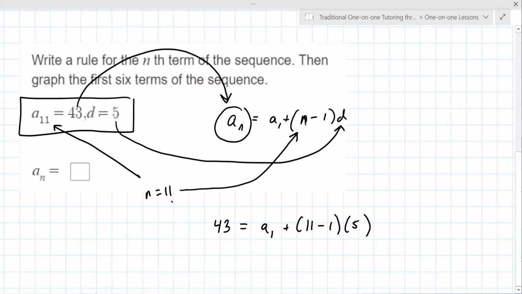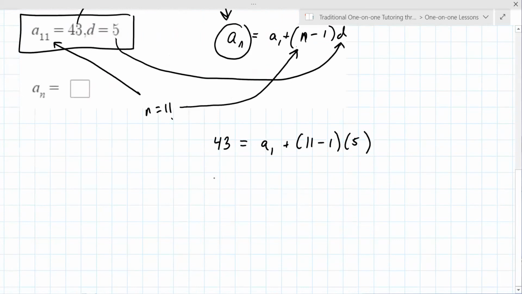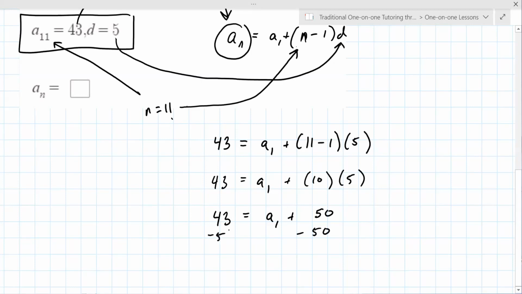Because that's very important here. Yes. Okay. Now notice there's only one unknown left, and that'd be a sub 1, which means the first term. 11 minus 1 is 10 times 5 is 50. So 43 equals a1 plus 50. Subtract 50 from both sides, and you get a1 equals -7.